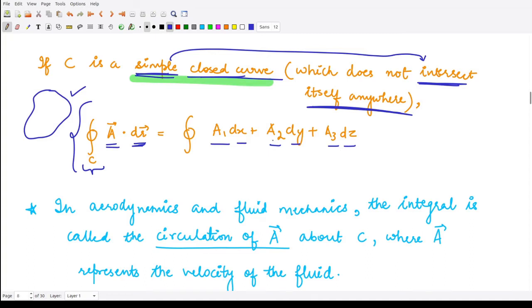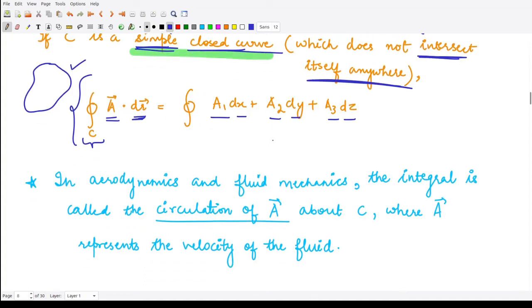Moreover, physically, in certain applications, for example in aerodynamics or fluid mechanics, the line integral represents the circulation of vector A about C, where vector A represents the velocity of the fluid. Suppose an aeroplane is moving in the sky.